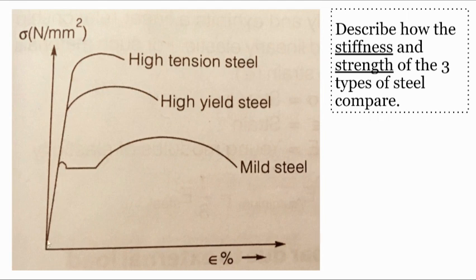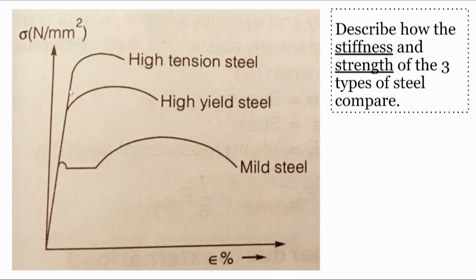So we can see for all three of these materials, the linear portion has the same slope. It would have the same rise over run value. So all three types of steel, high tension steel, high yield steel, and mild steel, would have the same stiffness. They respond to a load being applied in the same way.